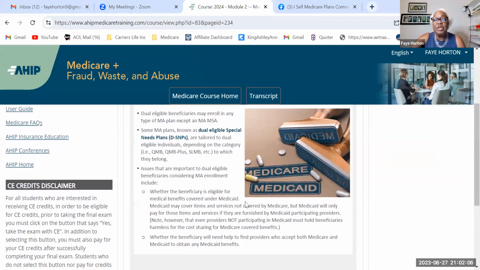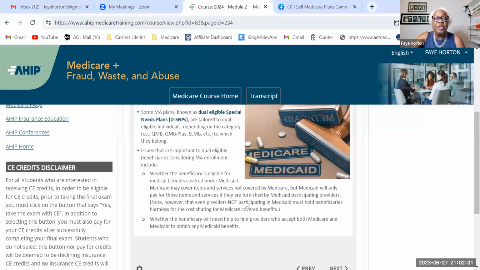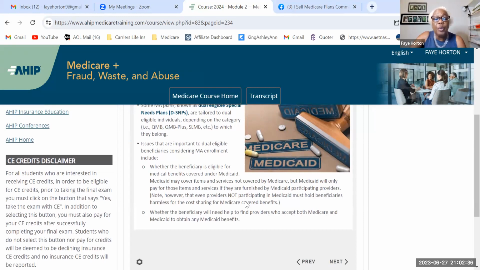Dual eligible beneficiaries may enroll in any type of MA plan except the MA-MSA. Some MA plans, known as dual eligible special needs plans, are tailored to the dual eligible individual depending on the category of Medicaid where they belong. Issues that are important to dual eligible beneficiaries considering MA enrollment include whether the beneficiary is eligible for medical benefits covered under Medicaid.